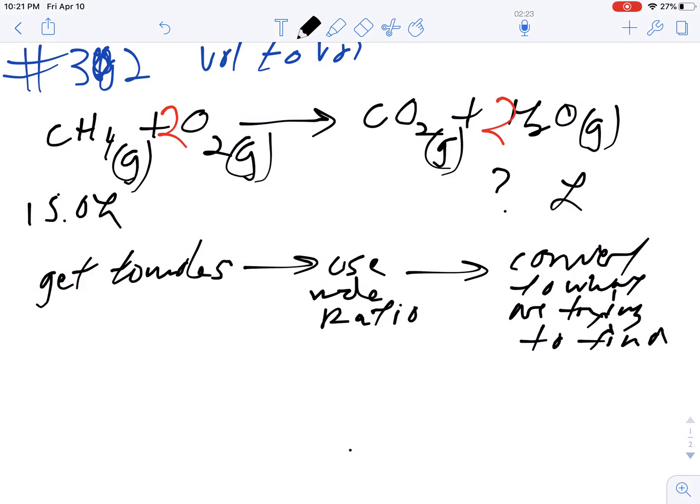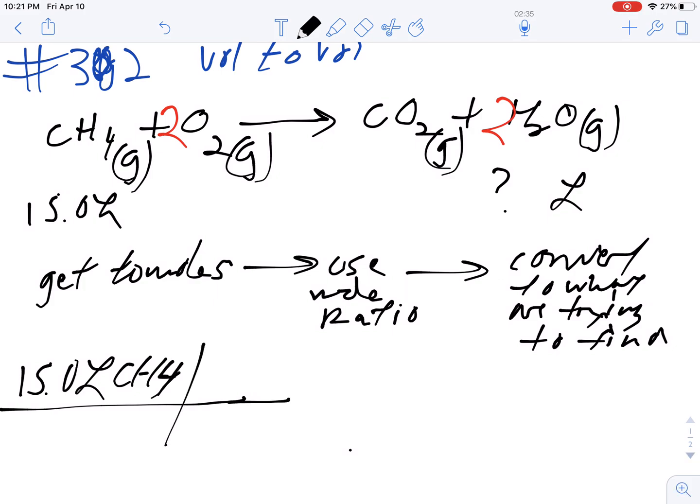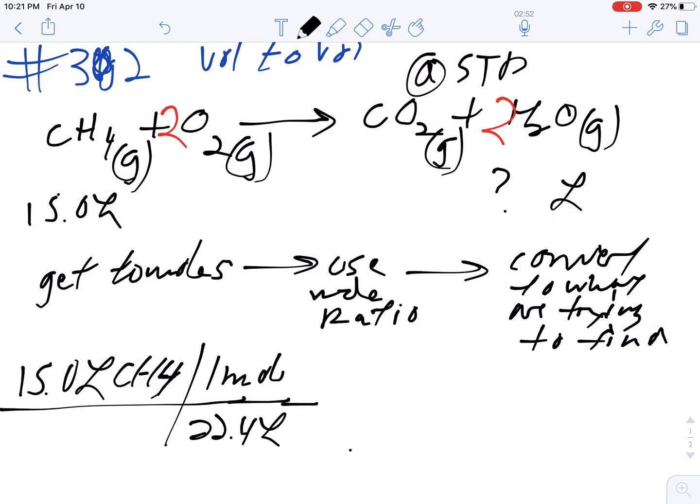So start with our known, 15 liters. We want to get it to moles. So how do we get liters to moles? Well, the way we do it is either using PV equals nRT, or in this case, since we're at STP, I can use the conversion that 22.4 liters is equal to 1 mole.